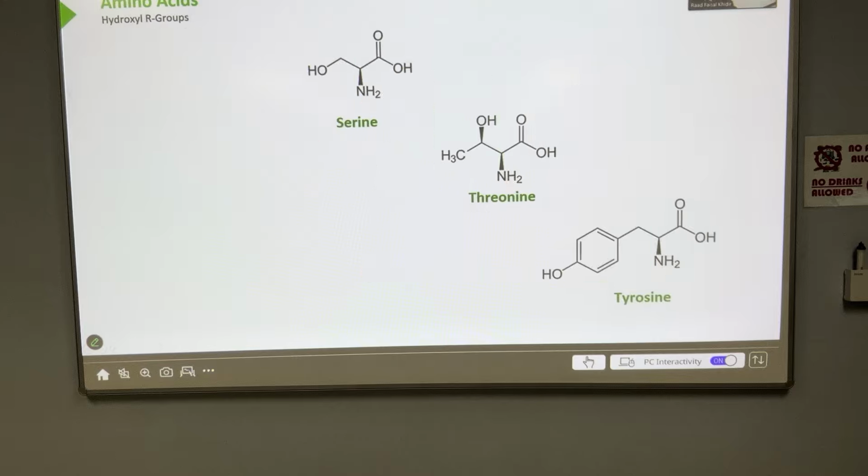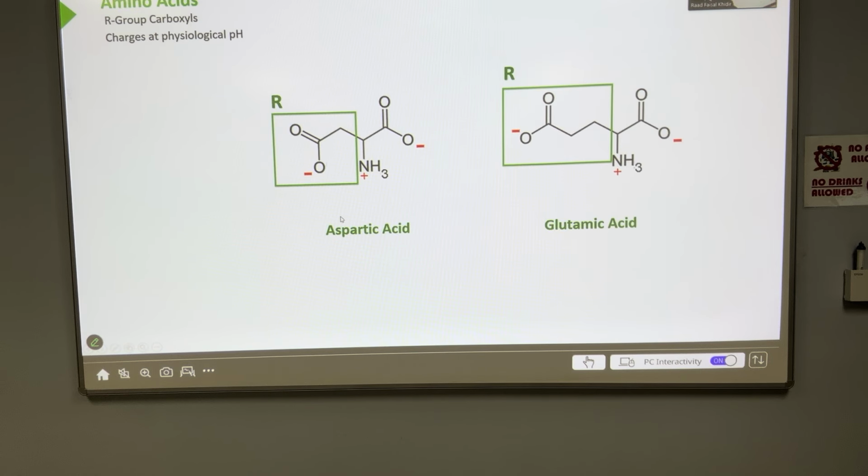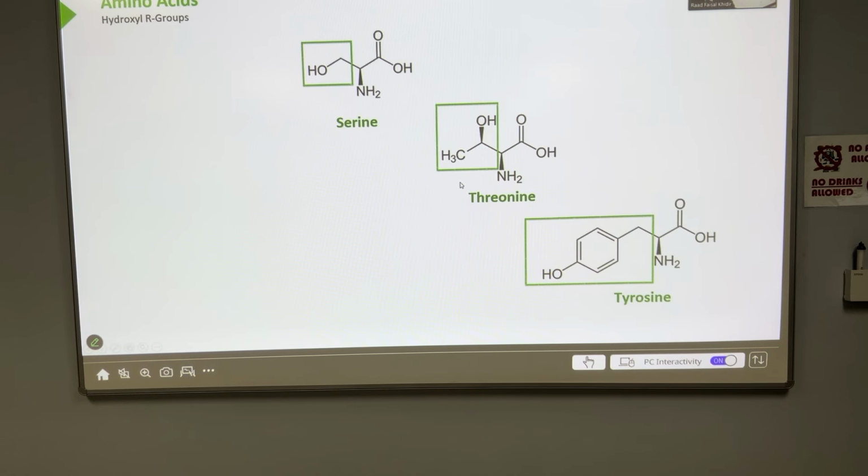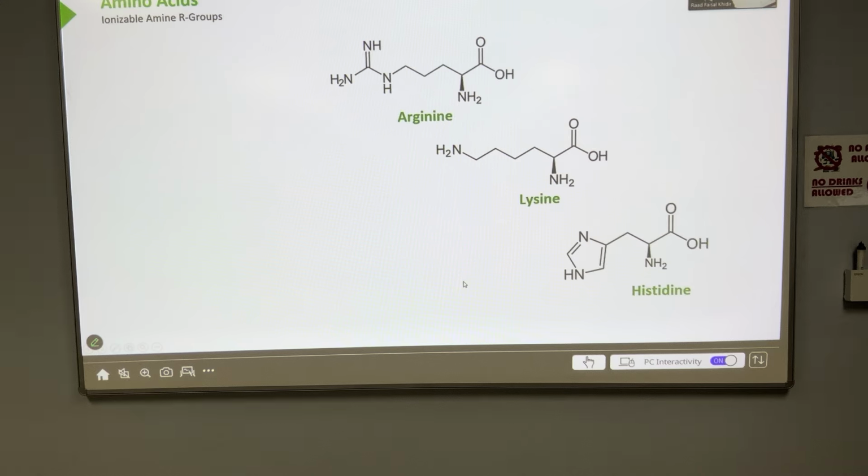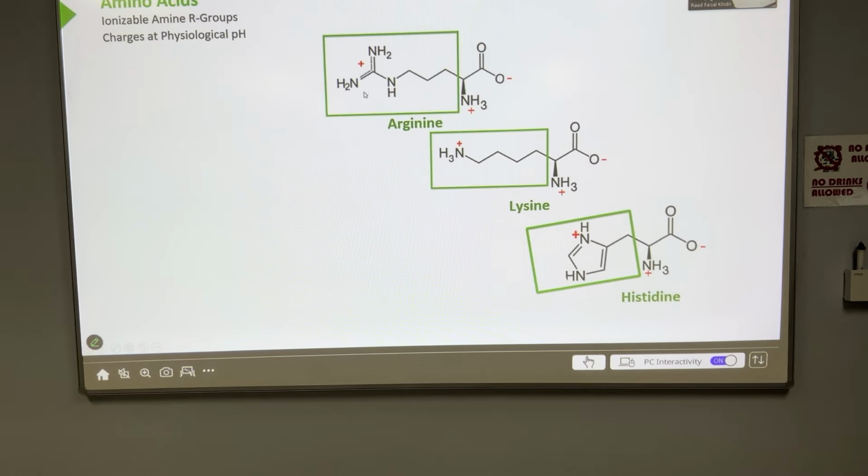You see here, serine and threonine are neutral, while aspartic acid and glutamic acid are negatively charged. But if you examine here, you see that some are positively charged, like arginine. Arginine has an inherent positive charge after the carboxylic terminal and the amino terminal cancel out.